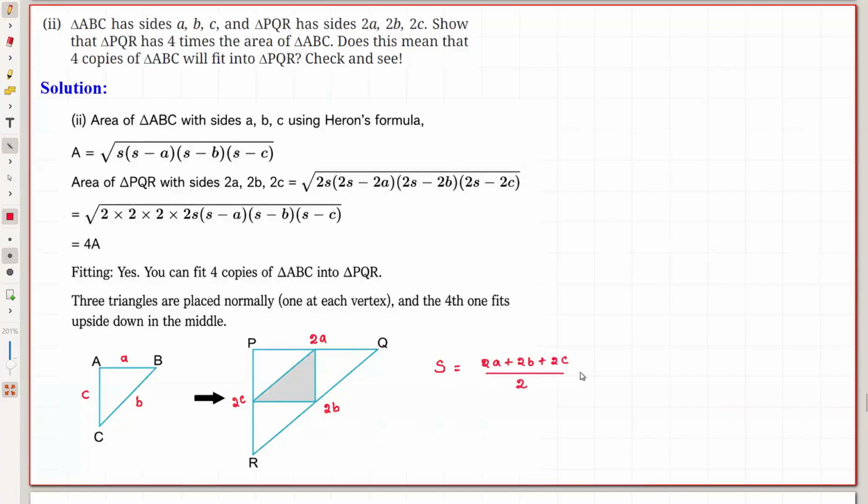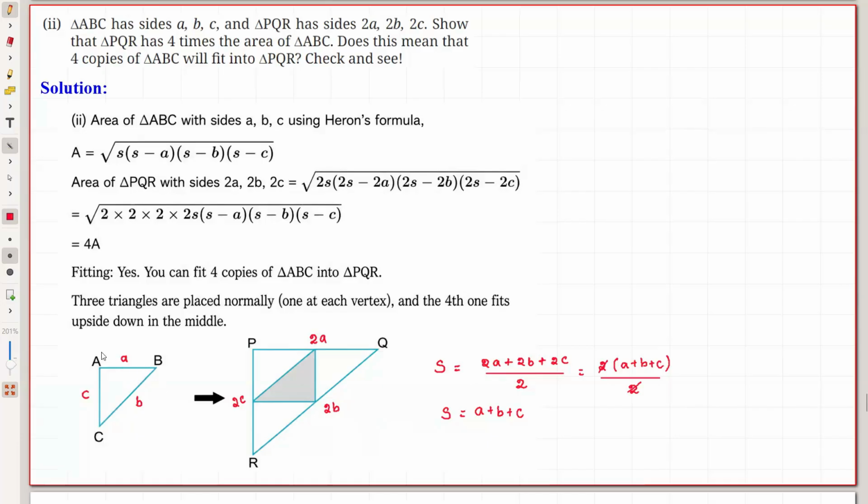Taking 2 common outside, A plus B plus C, divided by 2. The 2 gets cancelled, so the semi-perimeter is A plus B plus C.